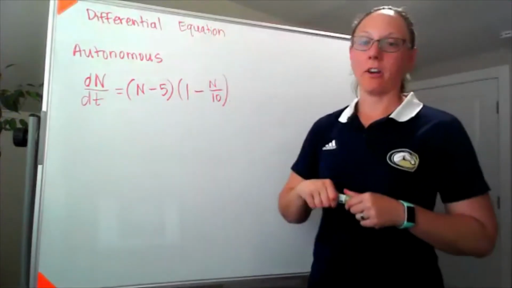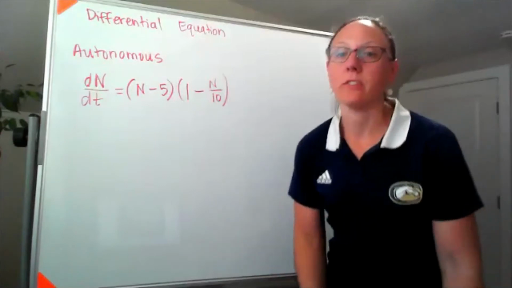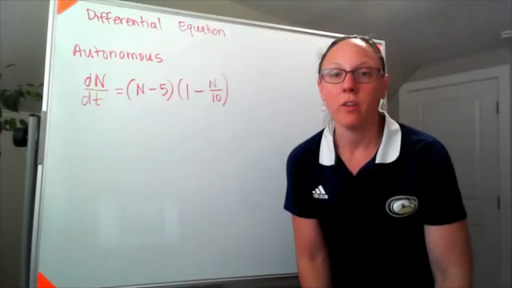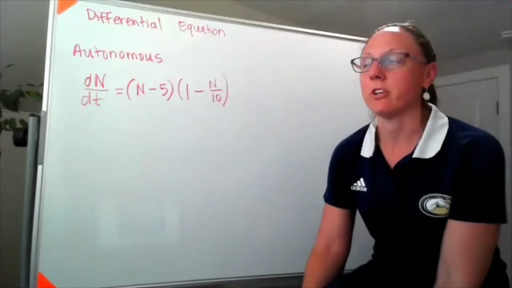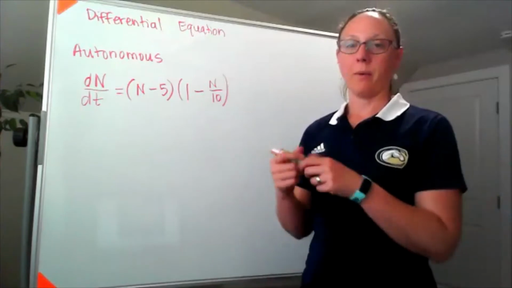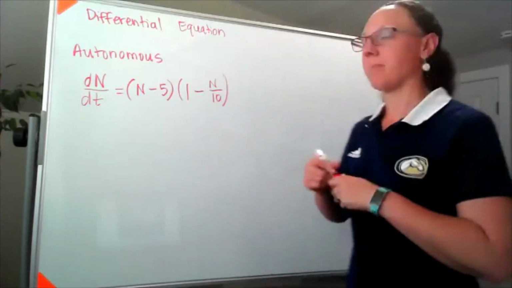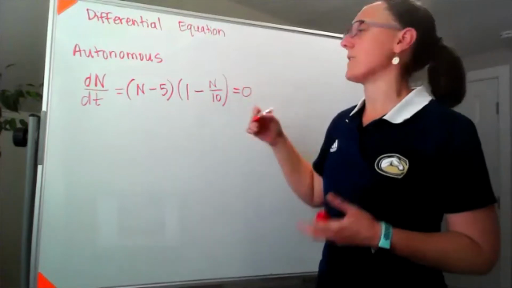One of the particular biological models that we looked at was logistic growth, and logistic growth does represent an autonomous differential equation. One thing that we might be asked to find are equilibria. So equilibria happen when our derivative is equal to 0.